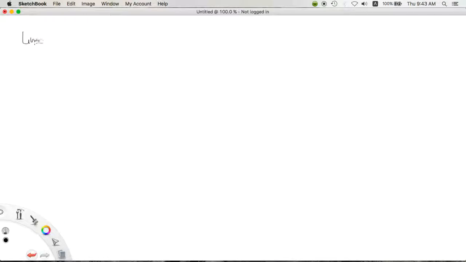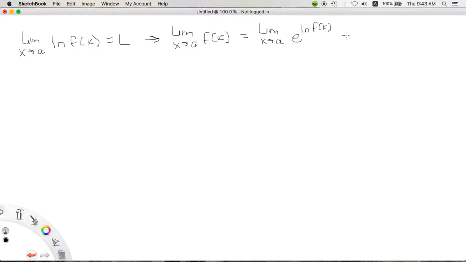And what we're going to do is use this information right here. If we take the limit of the natural log of the function, and we can actually get a value L for that, then we know that the limit of the function itself is equal to the limit as x goes to a of e to the natural log of f of x, which is e to the L. So whatever we get here, we can plug in here.